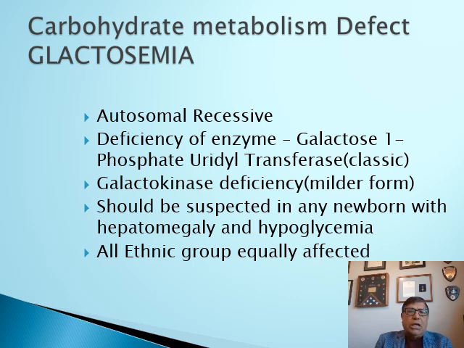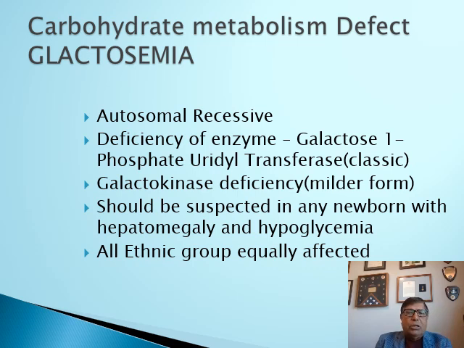Any pediatrician or pediatric resident rotating through the nursery or in the clinic is very familiar with this condition, or at least has learned about galactosemia. It is an autosomal recessive disorder, and there are three kinds because of three enzyme deficiencies.